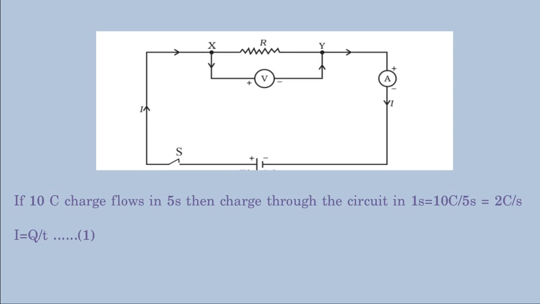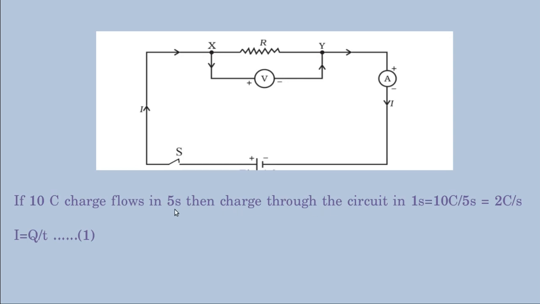If 10 coulomb charge flows in 5 seconds, then charge through the circuit in 1 second is equal to total charges divided by time. Total charges given here is 10 coulombs. The total time is 5 seconds.